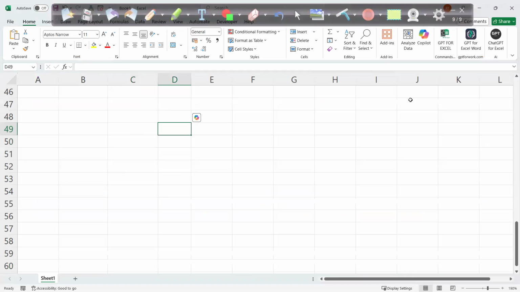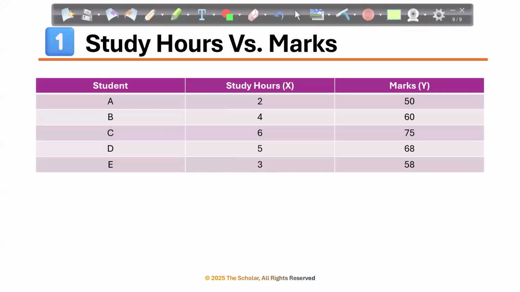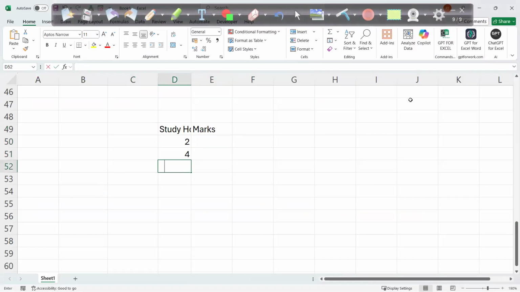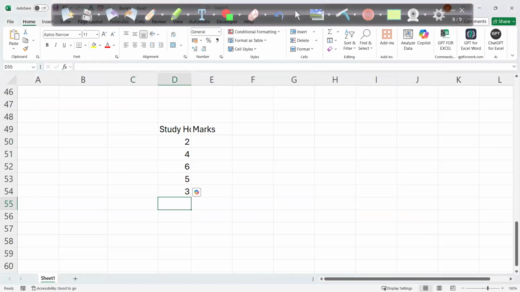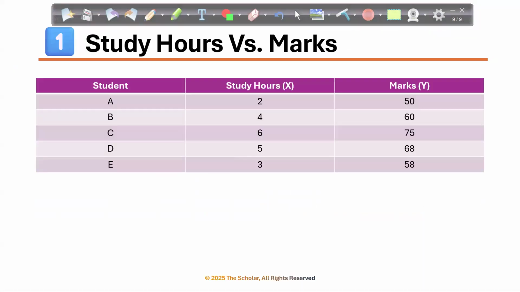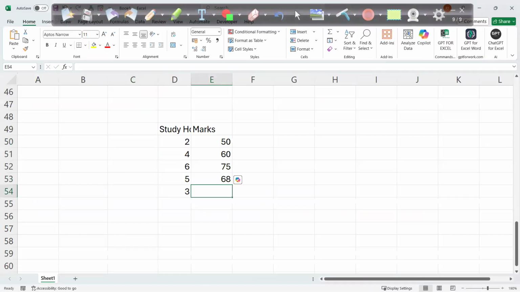Study hours and marks: 2, 4, 6, 5, 3 and 50, 60, 75, 68, 58.